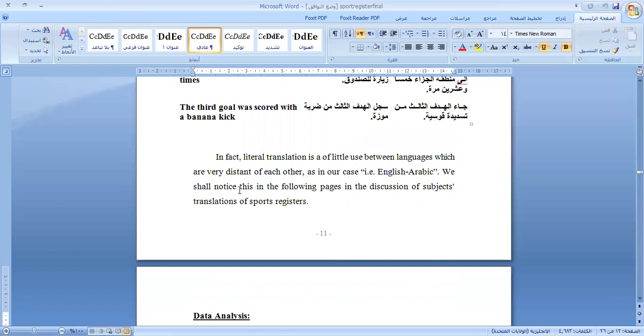Actually, ضربة موزة, a kick, has no sense in the Arabic language, while if we look to the sport terminology, we can say that banana kick يعني ضربة على شكل, if you think of the drawing of the banana، رسمة الموزة، هنلاحظ إنها رسمة أو شكل مقوس، وبالتالي المقصود فيها, according to sport terminology, banana kick means a kick which has the shape of a banana, and in this way we can render it following the paraphrasing strategy.